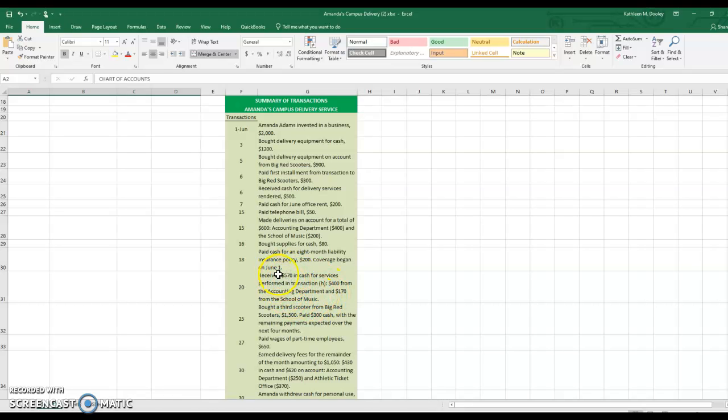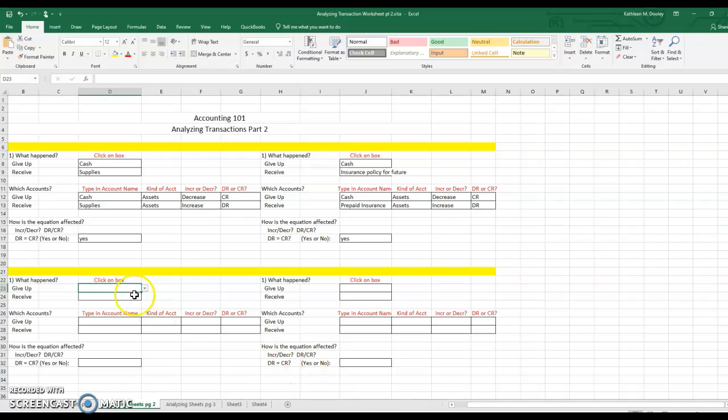So we're receiving $570 in cash, and we're giving up the fact that customers owe us less. Okay, so we're receiving cash, but we're giving up the fact that now the customers owe us less than they did.